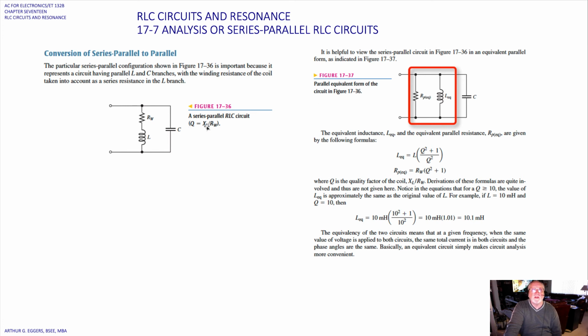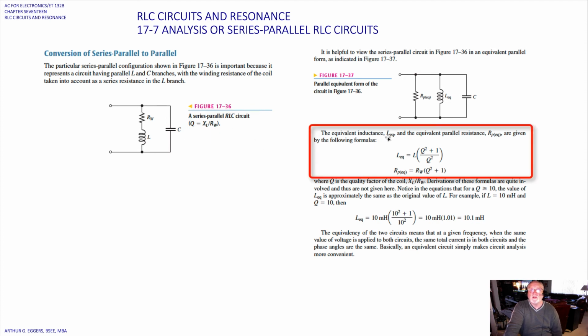Make note over here they give you the Q, X sub L divided by the resistance of the winding. So the equivalent inductance LEQ, and the equivalent parallel resistance, which they call R parallel equivalent, is given in this form. So copy this down in your notebook.